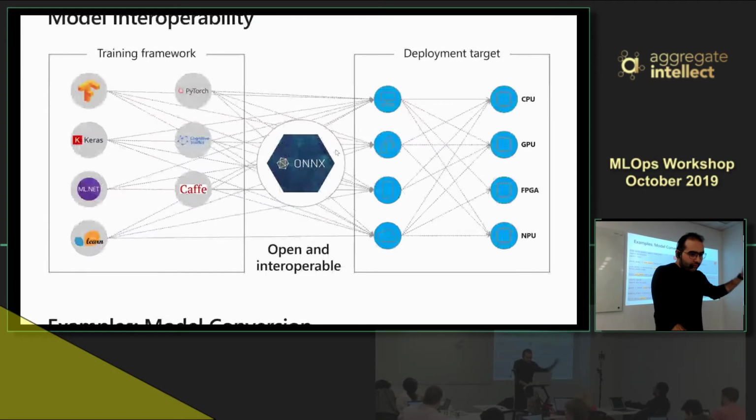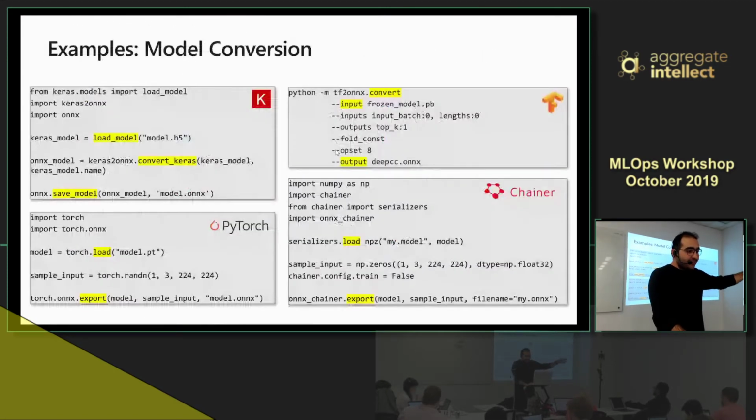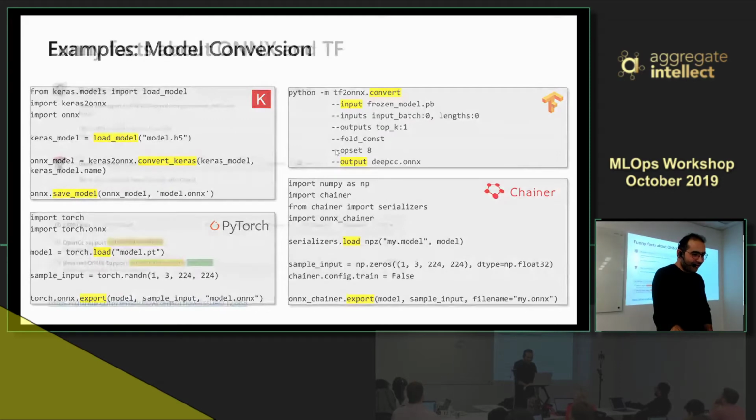And all of the packages have native converters to ONNX except TensorFlow, because that's a little bit political for Google. They don't want this to happen because it would expedite people leaving the TensorFlow community for PyTorch. So, some funny facts.